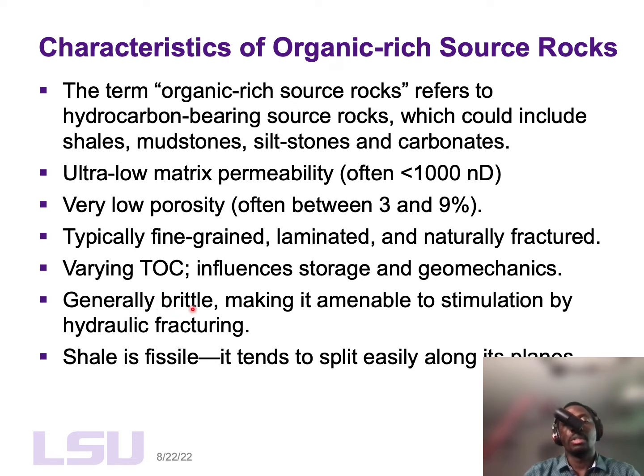So the brittleness typically comes from the quartz and calcite. The ductility you could have if you have high TOCs and if you have high amount of clay. So clay materials and the kerogen, which is the organic matter, those are the fairly ductile materials. They are weak compared to the rest of the material in the rock.